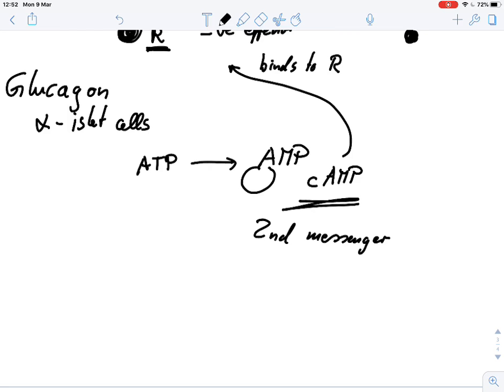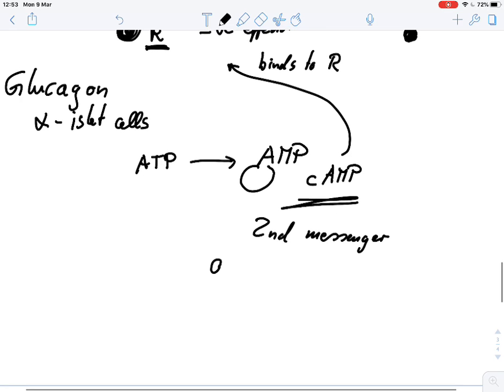So glucagon is the primary first messenger. But instead of acting directly, it produces about 1,000 molecules of this cAMP. And this cAMP is again a messenger, an effector, but now we not only have one molecule, we have 1,000 molecules in the cell.